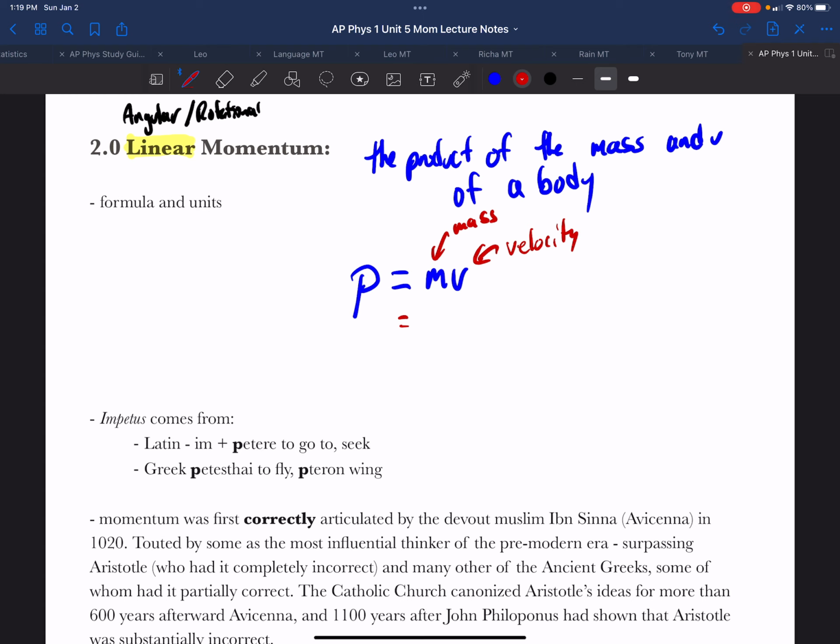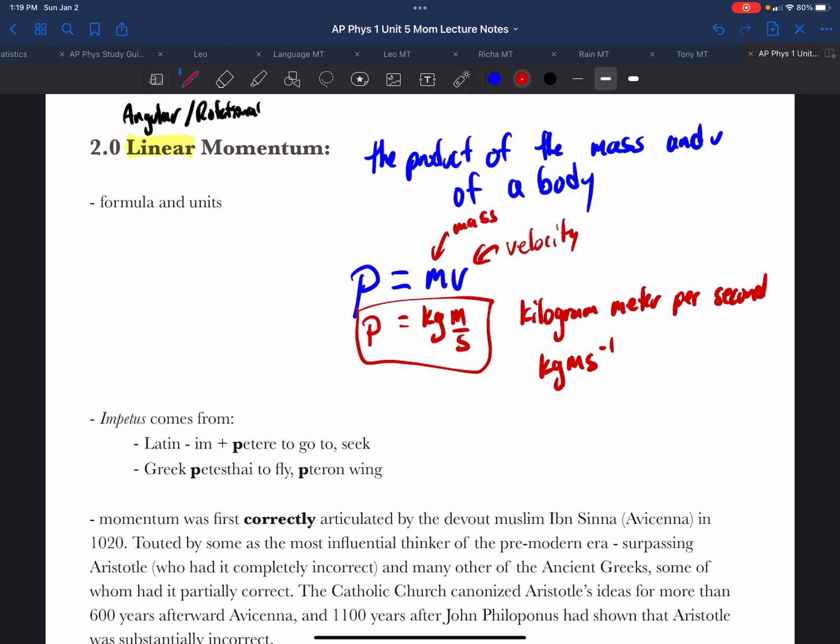If we put in units, mass is measured in kilograms and velocity in meters per second. So the units of momentum are kilogram meter per second. We could also write it as kg·m·s⁻¹. But those are the units of momentum.